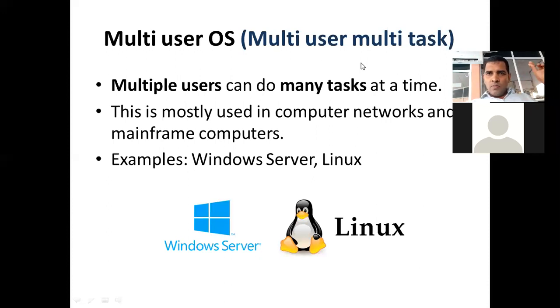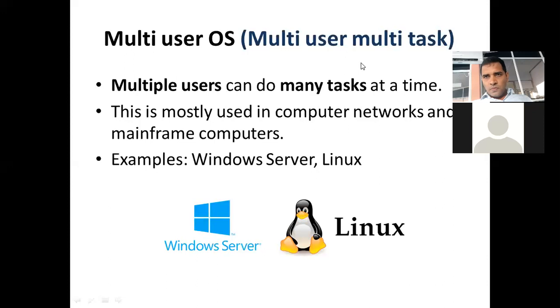So in a mainframe computer, this operating system can be installed, and hundreds of those terminals can access this operating system. Mostly in big banks and big financial companies, this kind of a mainframe computer is used. So it is impossible when it comes to a personal computer.